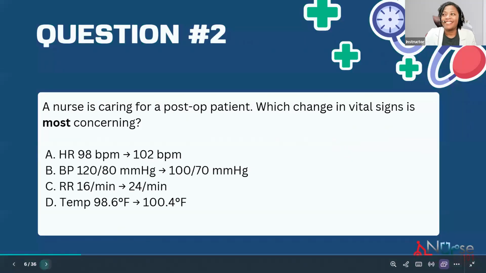Next question. A nurse is caring for a post-op patient.